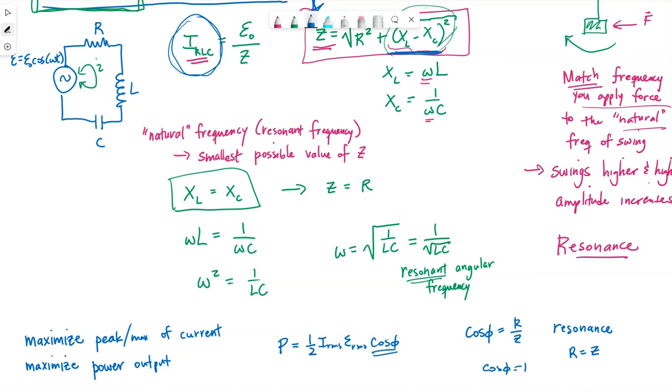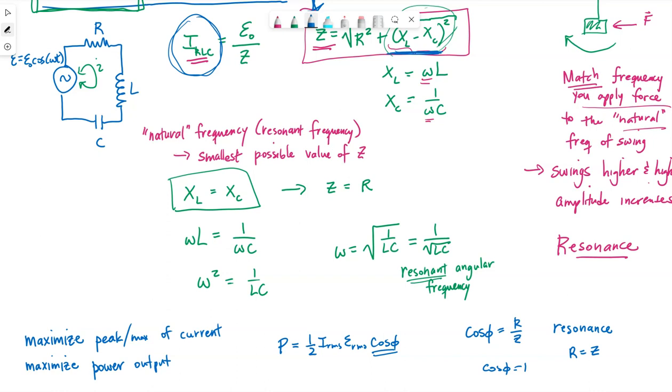This cosine of phi term is the largest value it can be, and thus the power is the largest it can be as well. And so the power is going into creating the light or the heat or whatever this circuit is supposed to do.